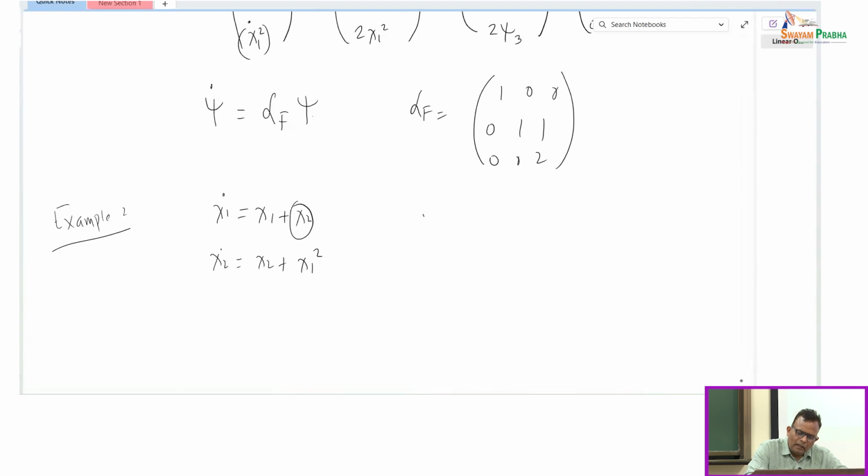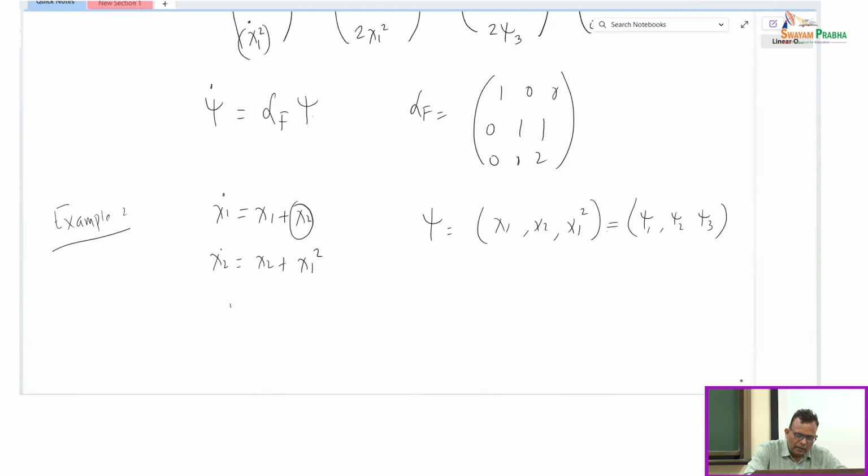Because if you choose the same basis, x1, x2, x1 square, which we again call psi1, psi2 and psi3, and you do the computation again, I'm just going to skip some steps here, as long as you follow me.